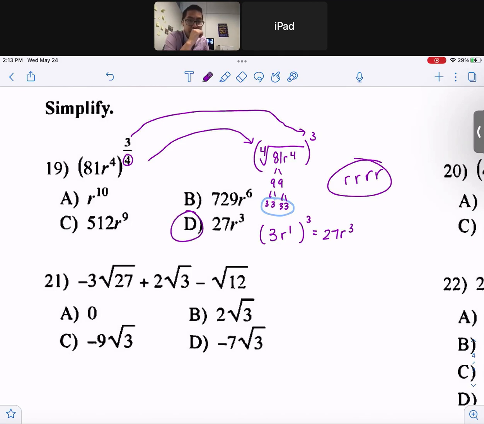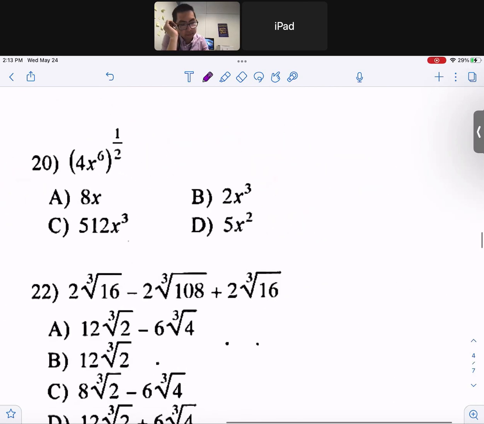So the trick is you have to make this fraction exponent. The denominator is the index, which means you're looking for groups of 4s, and then raise it later to the 3rd power.